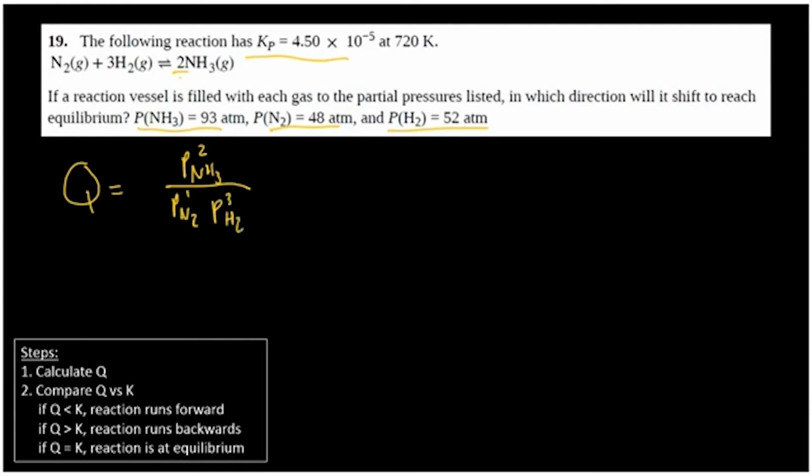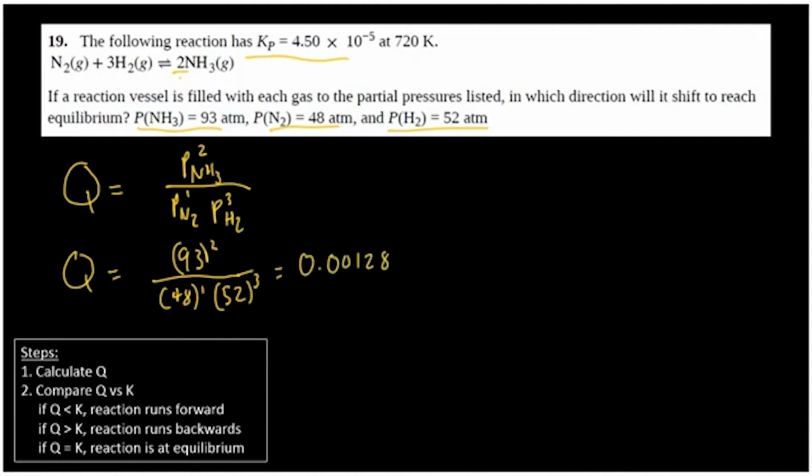All right, now let's actually calculate those values. So the pressure of ammonia squared would be 93 squared divided by the pressure of nitrogen to the first power times the pressure of hydrogen to the third power. And when we compute that, we get 0.00128.